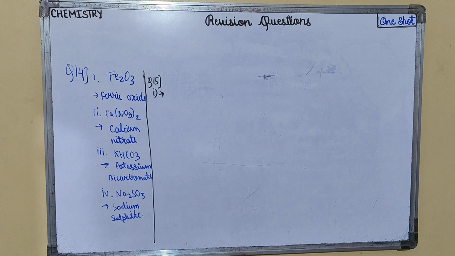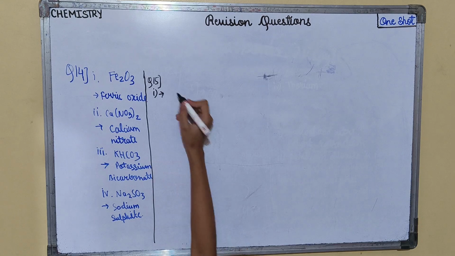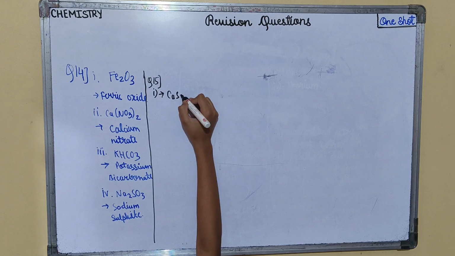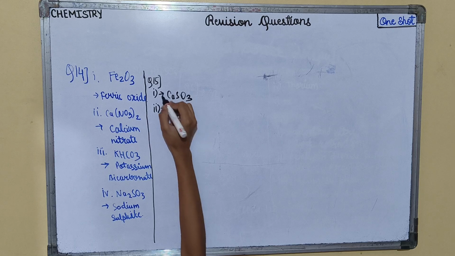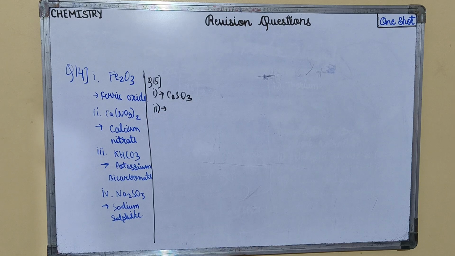First is calcium sulfite, CaSO3. Second is potassium phosphate.